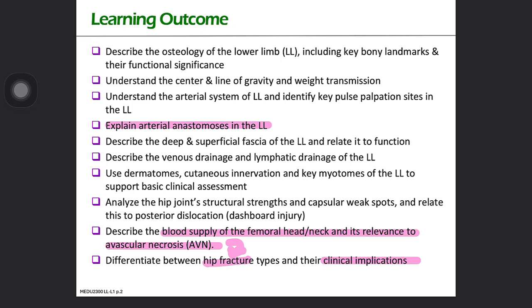So the blood supply to the lower limbs is particularly important. Because when you apply force, when you do some actions, certain areas may be under high pressure and the circulation may not be as usual as it should be. So that's why anastomosis is very important for the lower limbs.